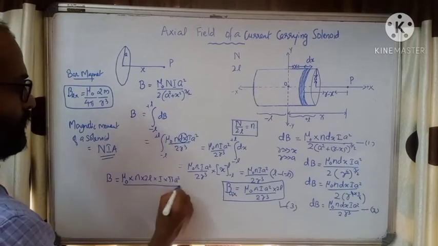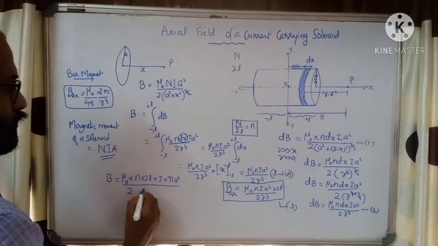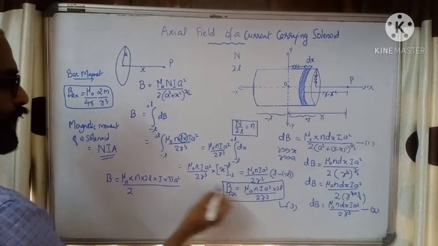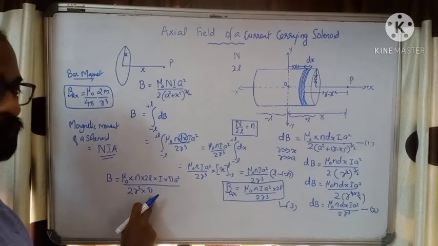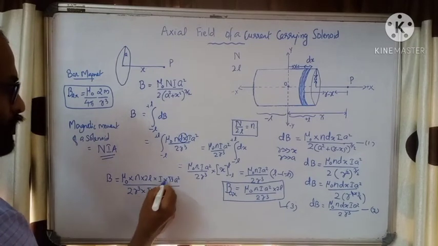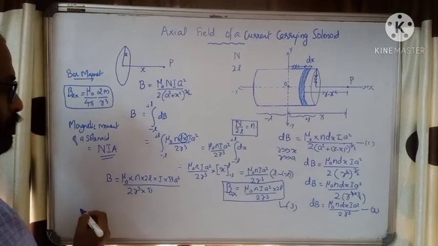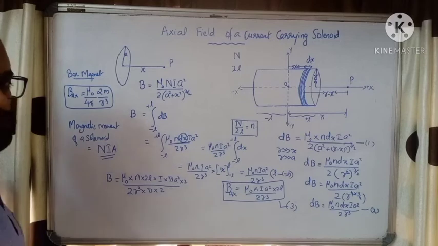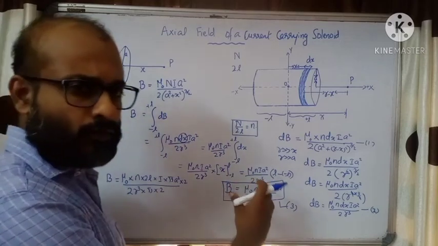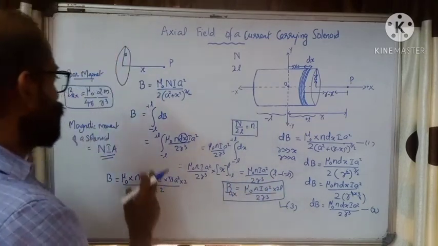The whole is divided by 2 into r cube. I multiply pi in the denominator also to balance it, so pi is multiplied here also. I multiply 2 also here. We need to make a few more modifications to prove this is equal to this.